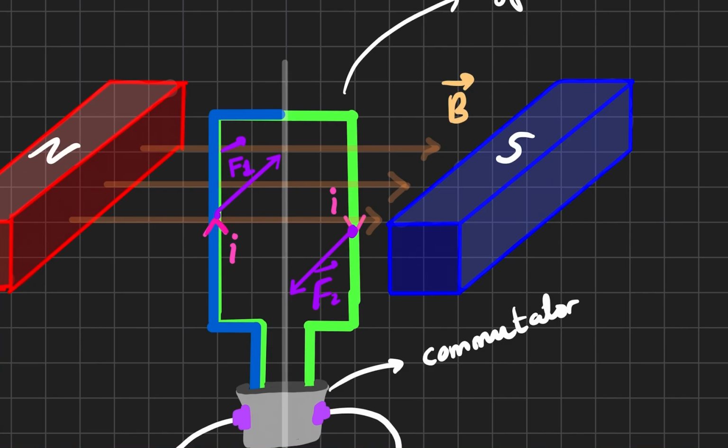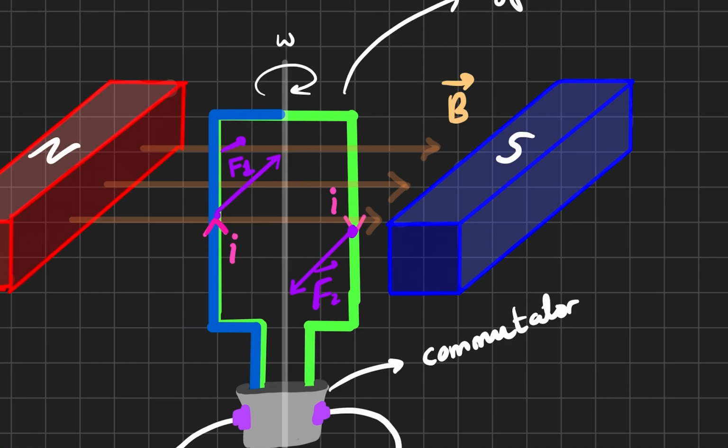F1 and F2 form a couple of forces, okay? And both of them contribute to the torque of this coil, and they will cause the coil to rotate. So the coil will rotate like this, so it will have an angular speed in this orientation. Again, imagine it with me.